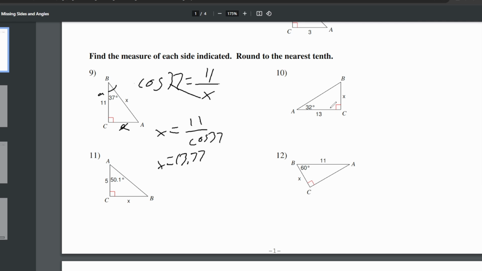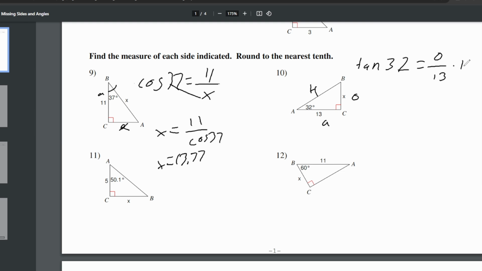Let's do this one. Let's label this hypotenuse, adjacent, opposite. We're looking for the opposite. We don't have a value for the hypotenuse. We have a value for the adjacent. Let's use tangent. Tangent 32 is equal to opposite over adjacent.